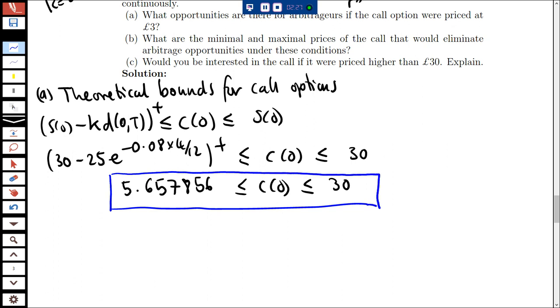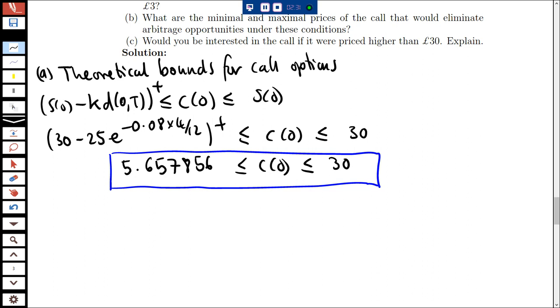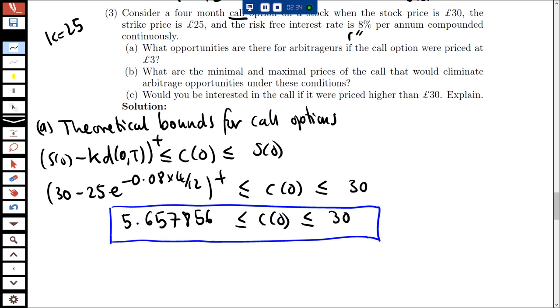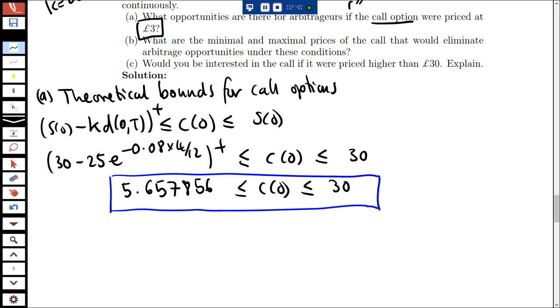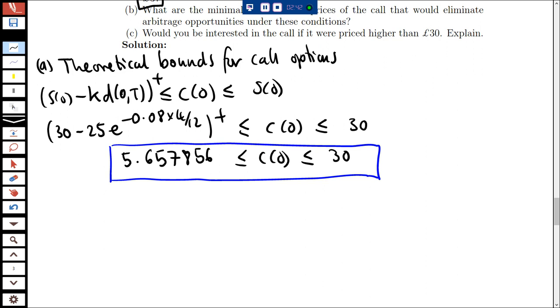Okay, so the price of the call should be between these, otherwise there's opportunity to make risk-free profit. In our case, the call is £3. It doesn't fit into this picture, so the call is very cheap. The market value is very cheap.